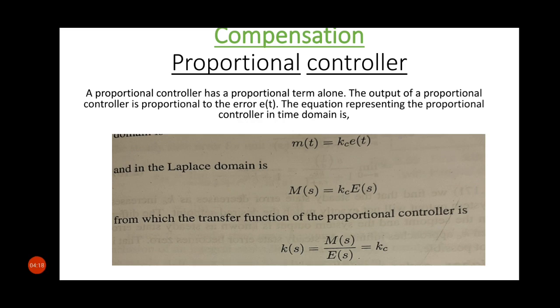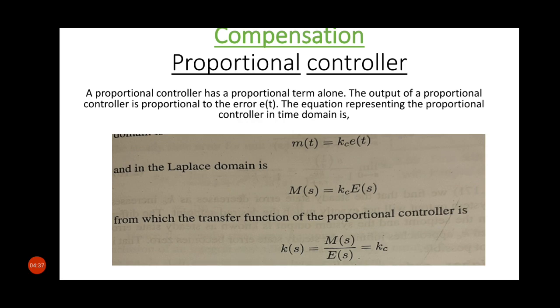So first we will discuss the proportional controller. This I have already discussed in the proportional compensation scheme. So these are the same. Okay. So here, see, a proportional controller has a proportional term alone.